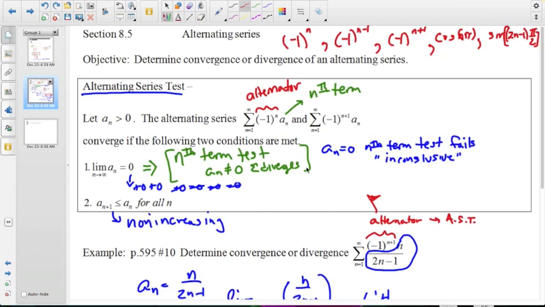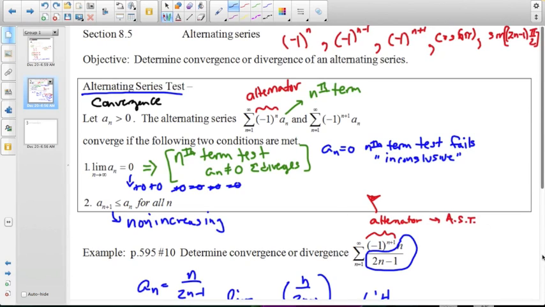So before we go on to the next example, I want to reinforce this idea that the alternating series test is for convergence only. We talk about this phenomenon of testing for convergence or divergence.